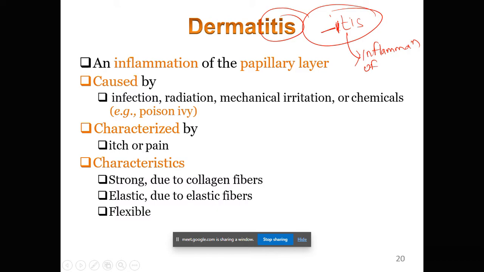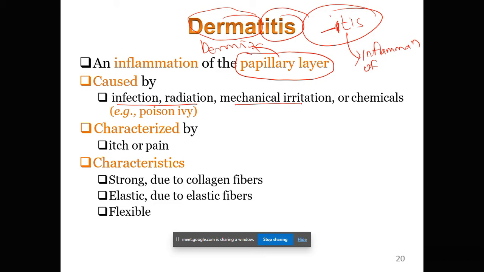Inflammation of what? Derma, the dermis. So it is an inflammation of the dermis or the papillary layer, which is a part of the dermis. It is caused by infection, radiation, mechanical irritation, or chemicals.